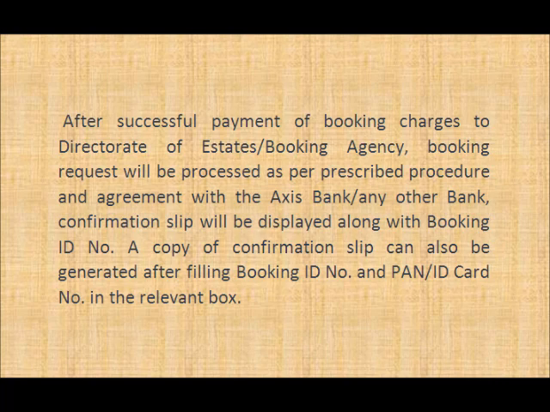A confirmation slip will be displayed along with the booking ID number. A copy of the confirmation slip can also be generated after filling booking ID number and PAN ID card number in the relevant box.